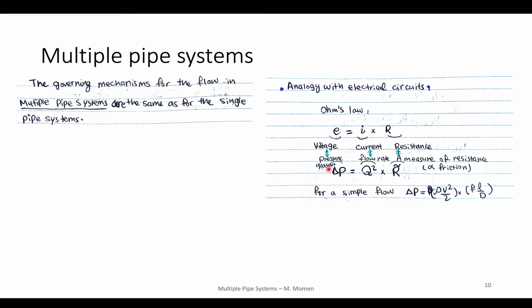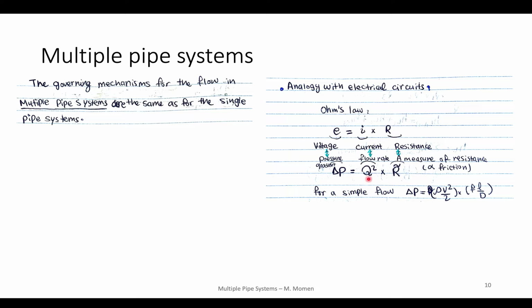This is the equivalent of Ohm's law in a fluid mechanics system, which describes delta P, the pressure gradient, equals Q squared, the square of flow rate, times R, a measure of resistance, and it's proportional to friction.